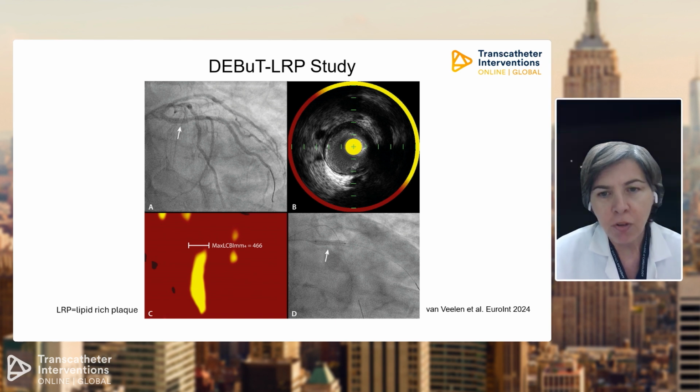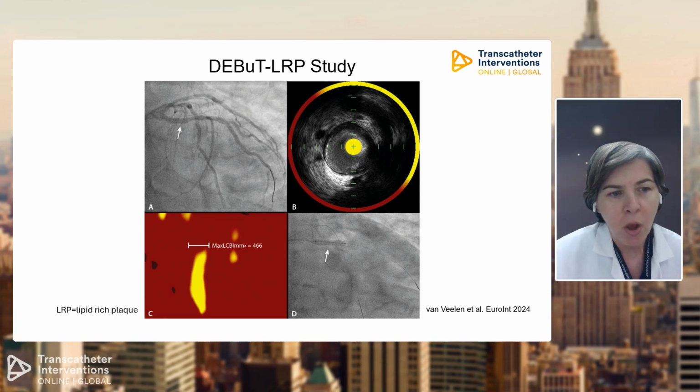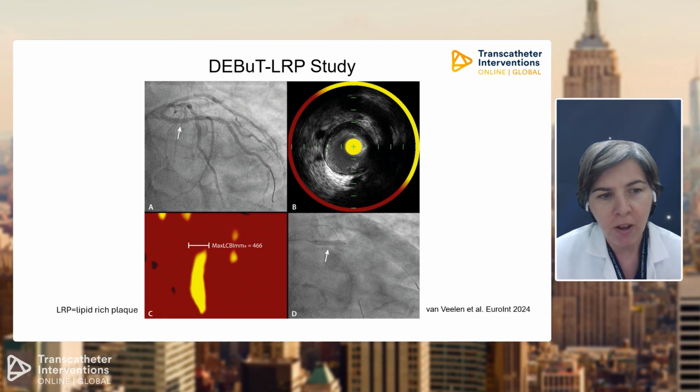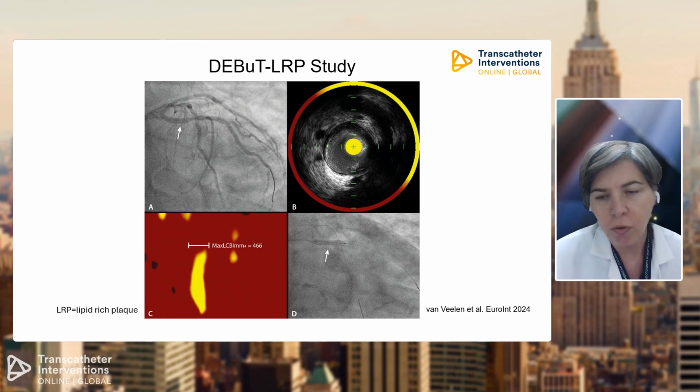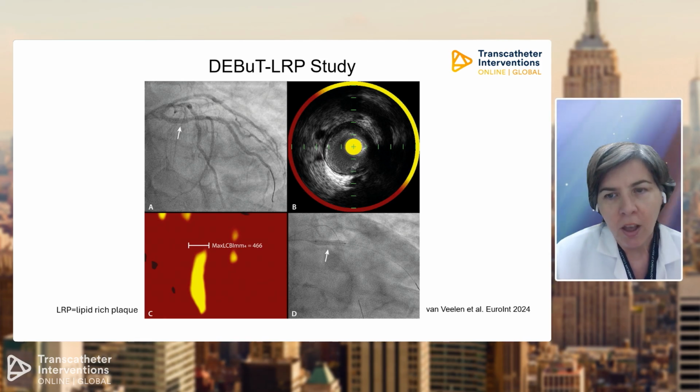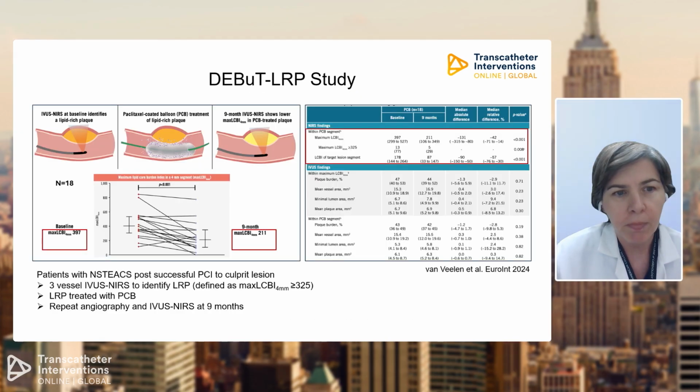What it measures, over a 4 millimeter segment, is the maximum amount of lipid, and it's quantified. And as we've been discussing, the thresholds for that have previously been 400, and now from more recent data, 325, for us to think of this as a lipid-rich plaque.